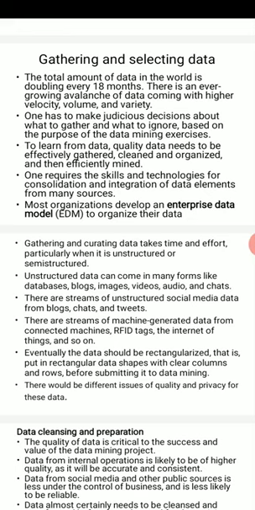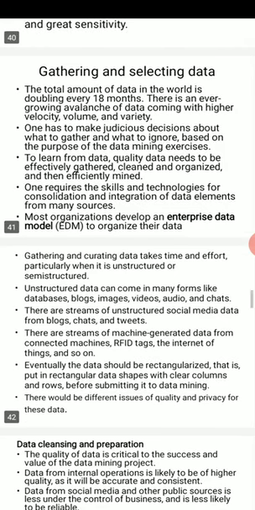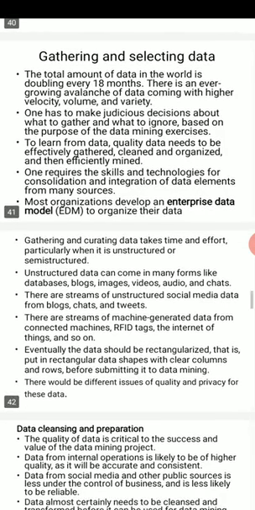So the data is of different varieties: it can be structured, which is in the form of rows and columns, relational data, or it can be semi-structured, or unstructured, which comprises videos, audios, etc. One has to make judicious decisions about what to gather and what to ignore based on the purpose of the data mining exercise.